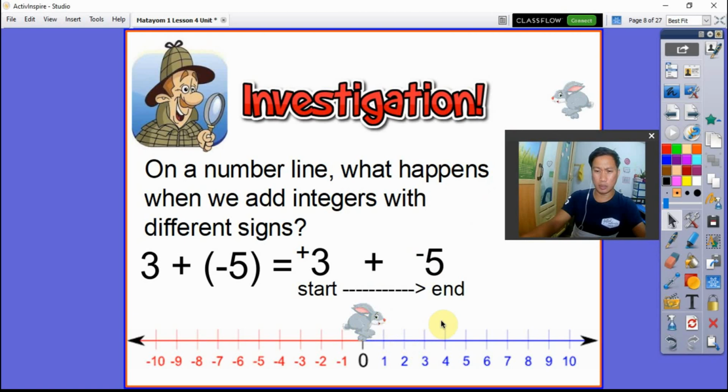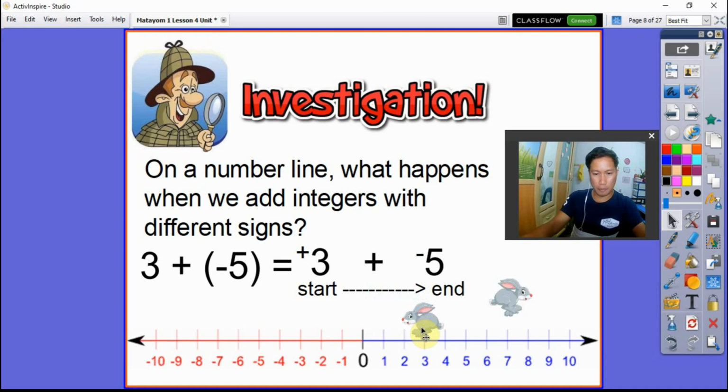Always start at 0, and then we will go towards the starting number. Our starting number is positive 3. So we move 1, 2, 3. Our bunny here is on number 3 or positive 3. Then we need to add negative 5. Negative 5 is to the left, so it's running to the left.